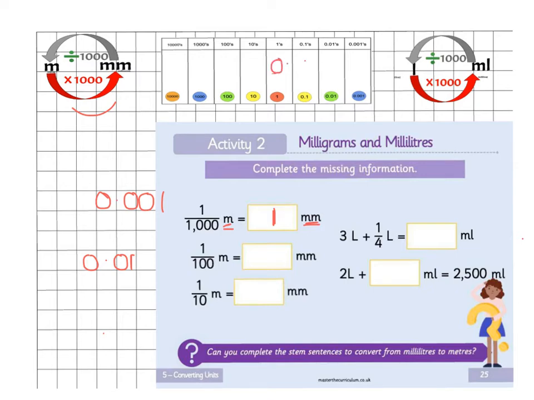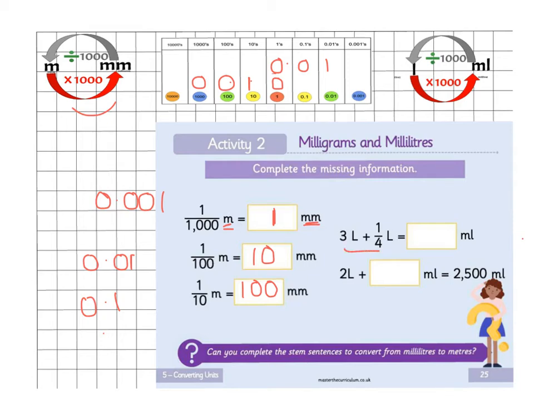So 0.01, each digit 3 places to the left, 1, 2, 3. Okay, so that's in the tens, so I need to put a 0 there. So it would be 10 millimetres. And my last one, 1/10, 0.1. Okay, and I can probably see there's a pattern here, and I think that would be 100. I could check on my place value board.